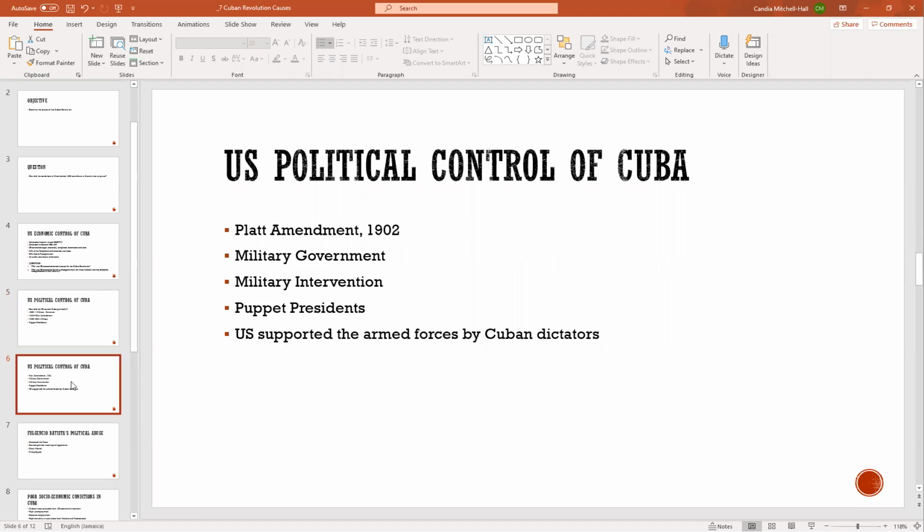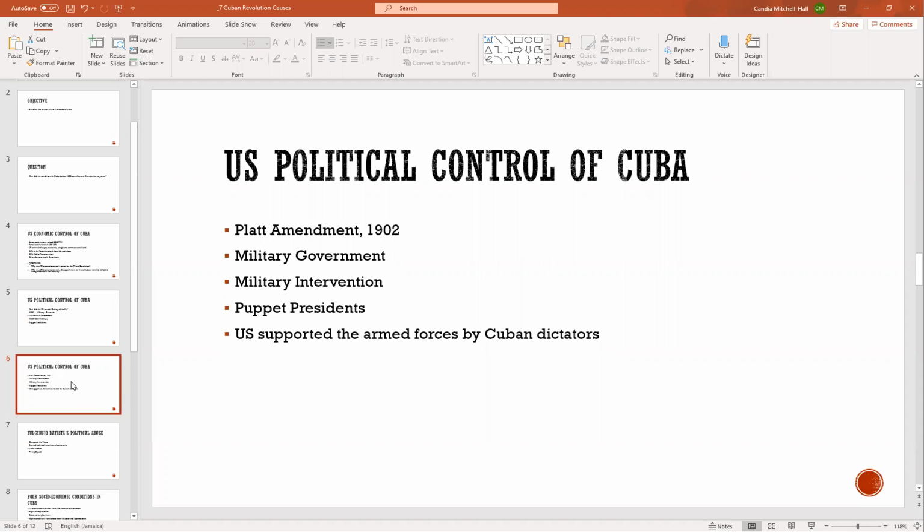So two causes that we look at. One, economic control by the US. They got upset. Two, political control. They wanted to govern their own country. They never wanted the US to be controlling them. They don't want their presidents to be pulled by the United States.